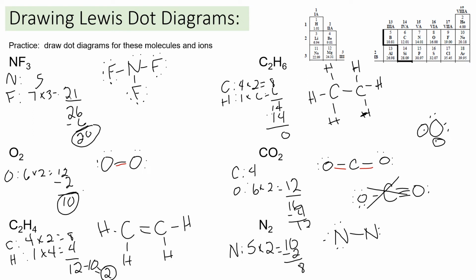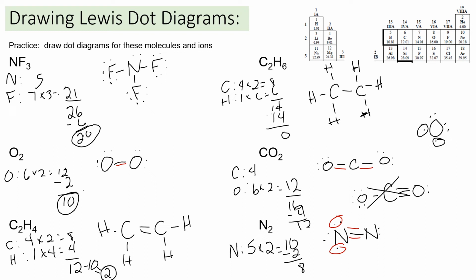So we don't have enough electrons to give both of them 8. So let's go ahead and take these and put them in the middle. Now our first nitrogen looks okay because it has 8, but our second nitrogen is still lacking. It only has 6. So we're going to have to do that again and take these, put them in the middle. And now both of our nitrogens have 8.